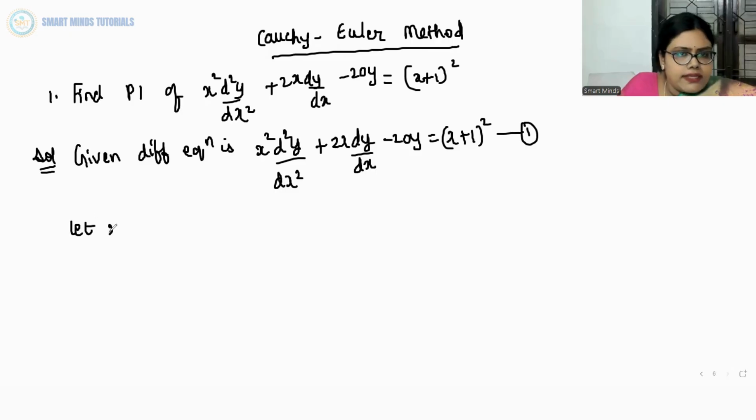Now let's say x is equal to e power t. Then log x is equal to t. And d1 means d by dt.